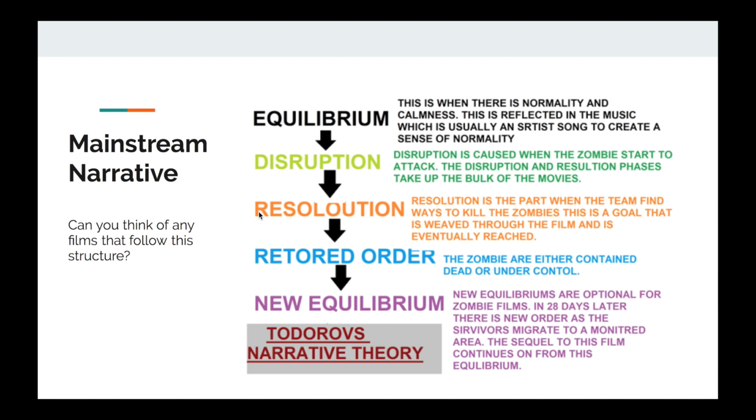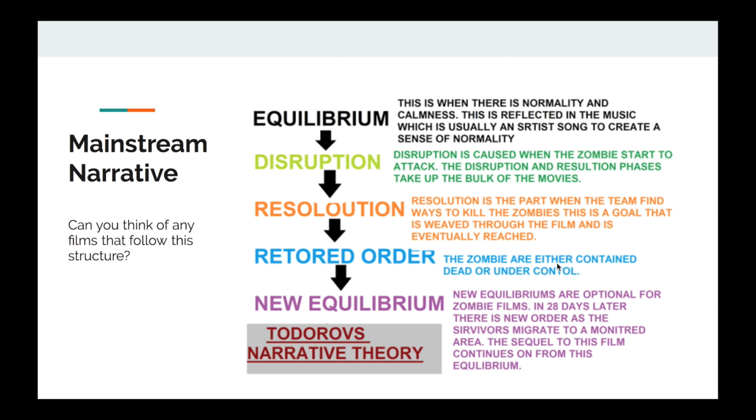After the disruption comes the resolution, and this is the part where the team find ways to kill the zombies, or the main character finds a way to succeed. This is a goal that is weaved throughout the film and is eventually reached. And then that should say restored order.